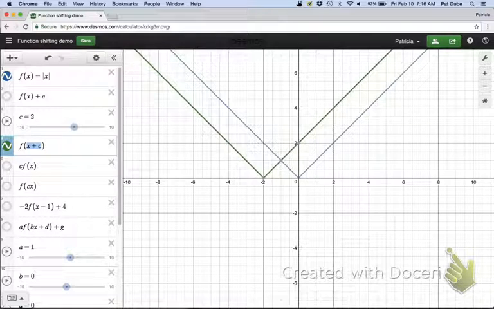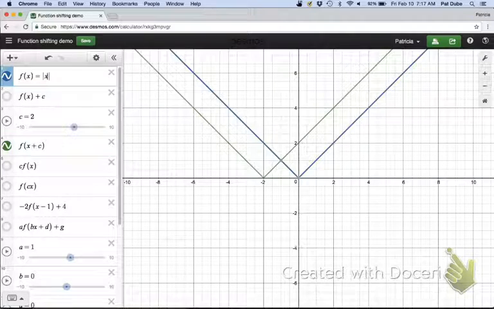Anytime you group a constant with the independent variable, x, it does the opposite of what you would expect. In this case, you would have expected the x's to go up by an amount of c, or 2 in this case, but they actually are reduced by c. You take 2 away. So the function f of parentheses x plus 2 is shifted 2 to the left of the function f of x.